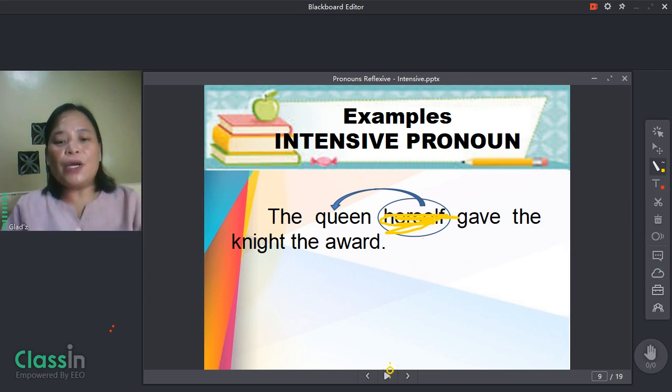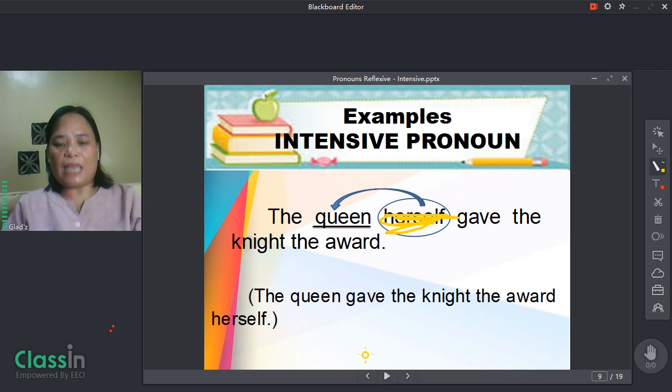Another example, we have this. The queen gave the knight the award herself. So the compound pronoun here is herself, which is written after the word award. But still it has the same use. The function of this compound pronoun in this sentence is just to emphasize that the queen is the one who gave the award to the knight.